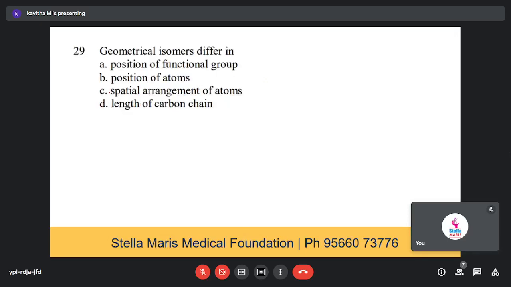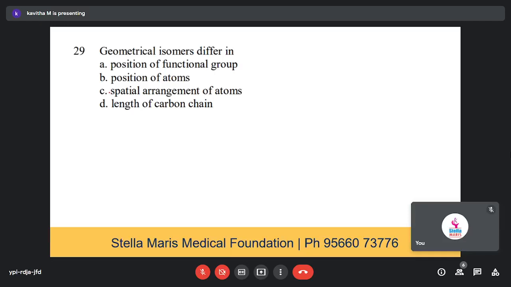So what is the definition for geometrical isomers? Geometrical isomers differ in position of the functional group. If the position of the functional group differs, what is the isomer called? It is position isomerism.